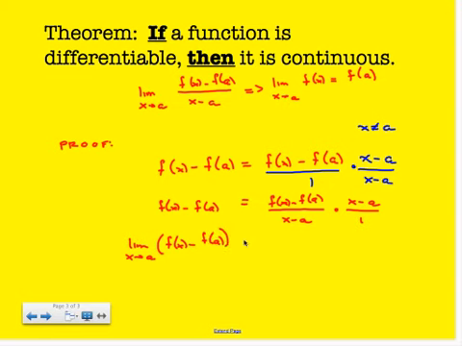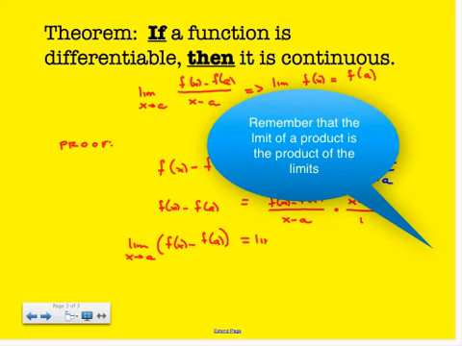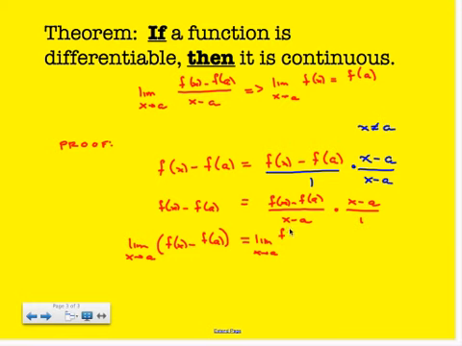So there's the left side. Now the right side, I'm going to break this into two pieces. The limit as x goes to a of this first piece, f of x minus f of a over x minus a, times the limit of the second piece, so times the limit as x goes to a of x minus a.